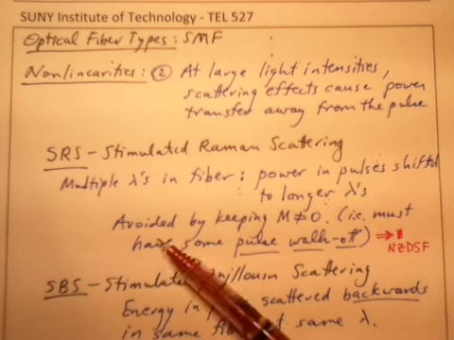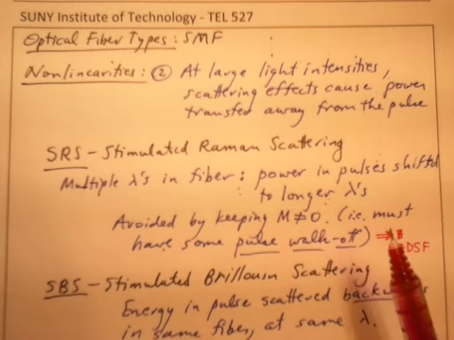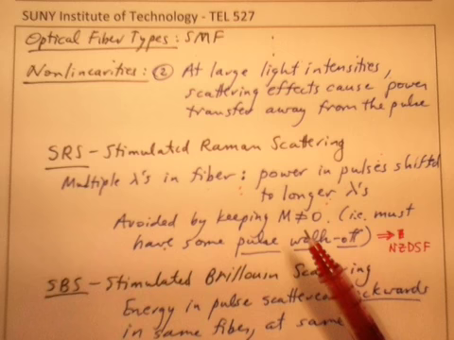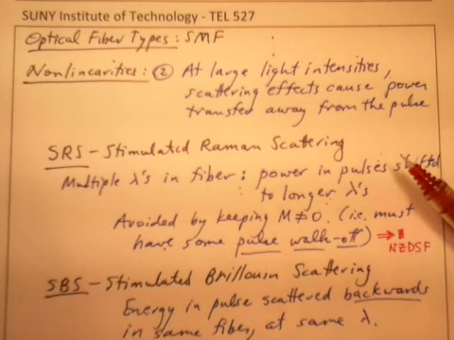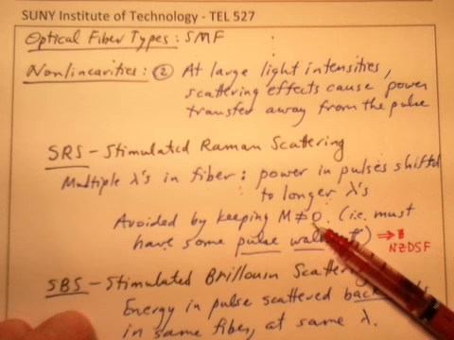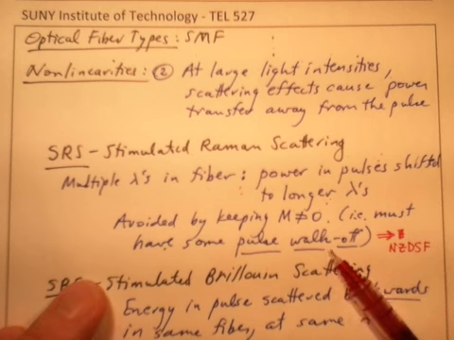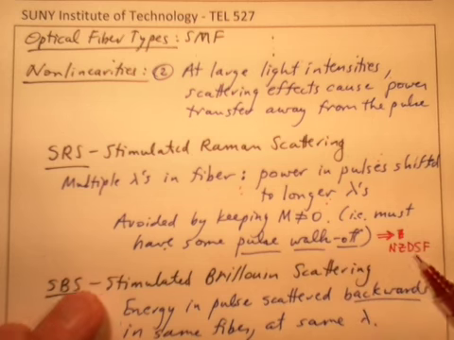Again, avoided by keeping the dispersion away from zero. When the dispersion is zero, all these pulses go at the same speed, and they have this opportunity to shift the power. So keeping the dispersion away from zero means that we have pulse walk-off. And this is exactly what happens in non-zero dispersion shifted fiber.